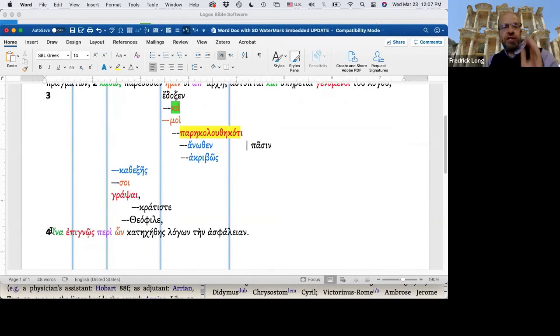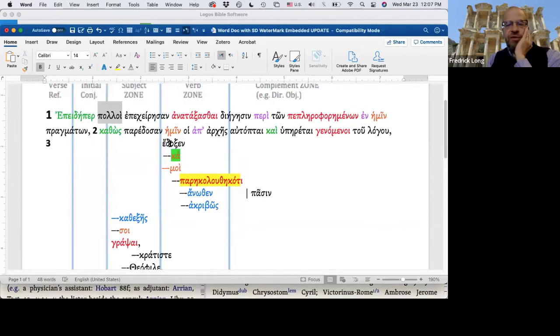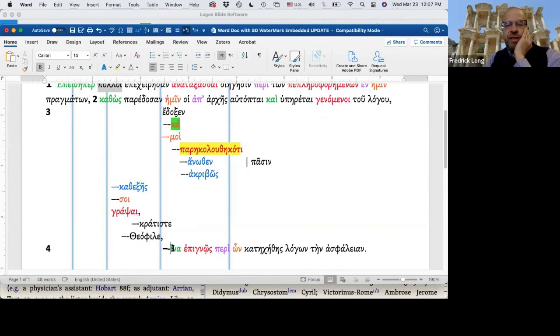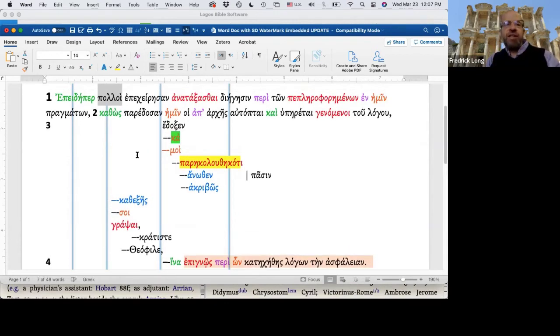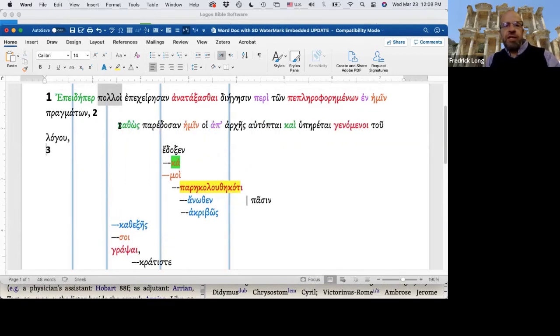Now all these other parts of these verses are all subordinate clauses. And the ina clause is modifying the main verb. To write seemed good to me in order that you would know, and we could do further layering and modifying within that, but I don't want to spend too much time. I just wanted to show you the benefit of this kind of approach. It really slows you down.